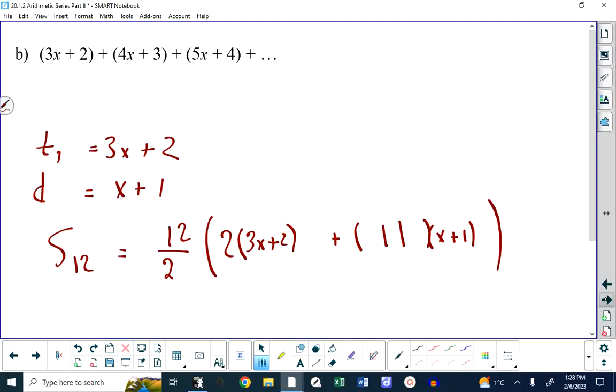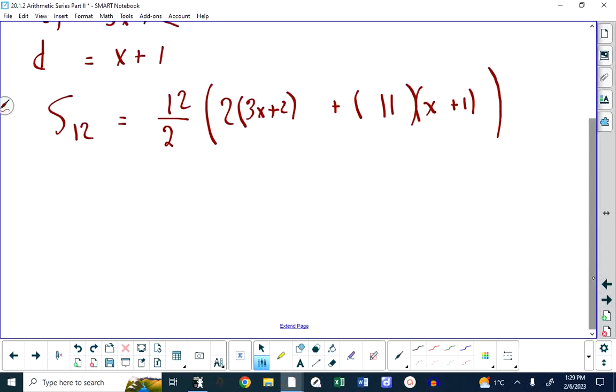So at this point in time, everybody, this is now just turned into an algebra problem. This is probably a grade 9, maybe a grade 10 question where your teacher just throws this out there and says, what does this equal? Simplify it. Well, is there a simpler way to write 12 over 2?